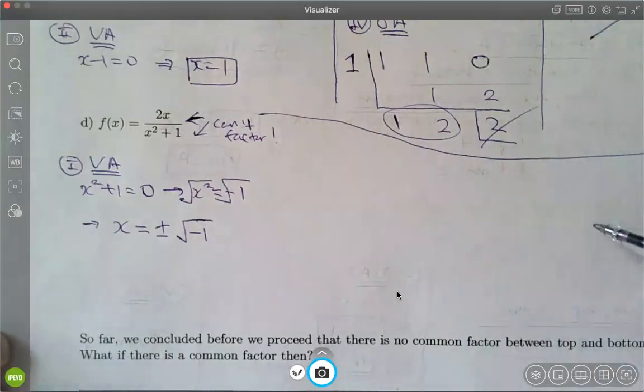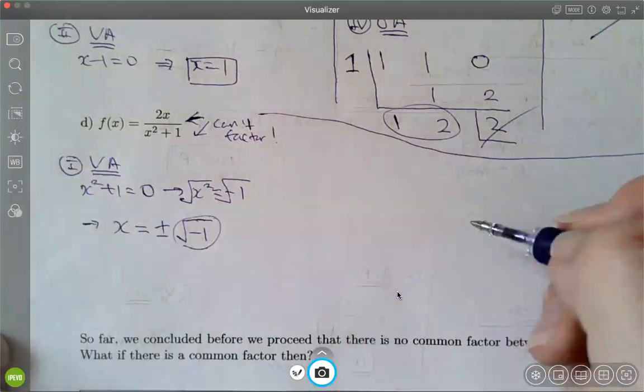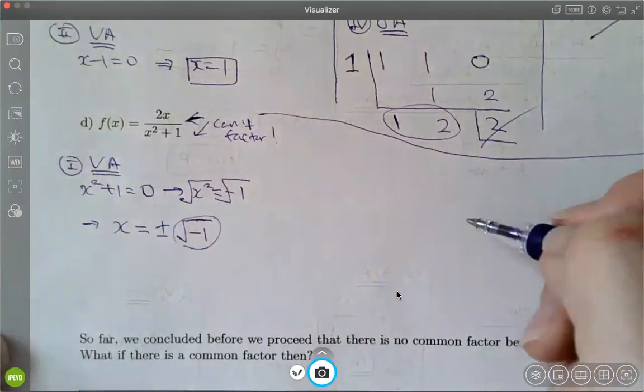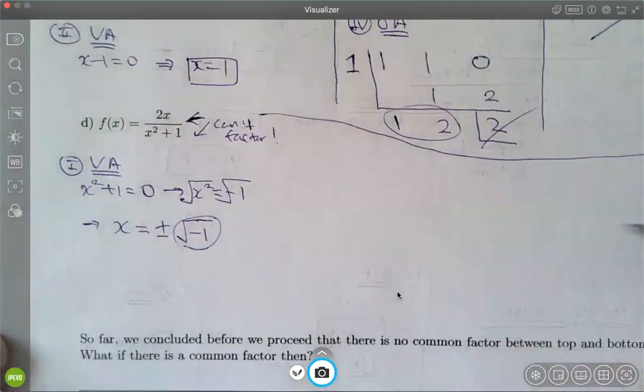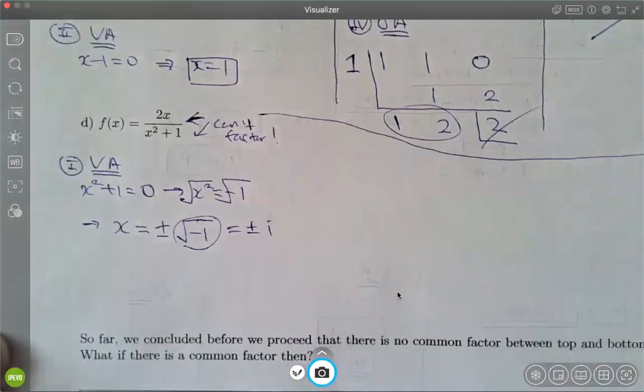And what is the square root of negative 1? That's not a real number, right? It's i. So plus minus i. So now here's my question.